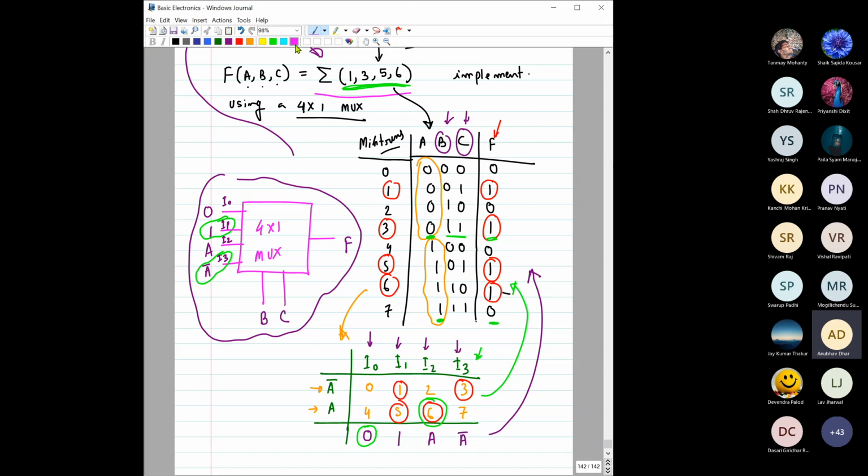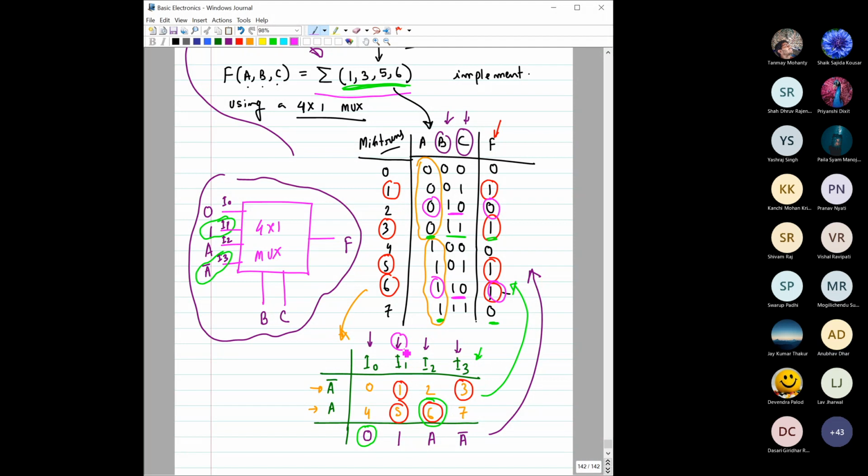Sir, 6 and 2 both have I2 as output, so the output is the same as what A is. You are saying these two, right? And whatever the A value is here, you are getting that at this output, right?